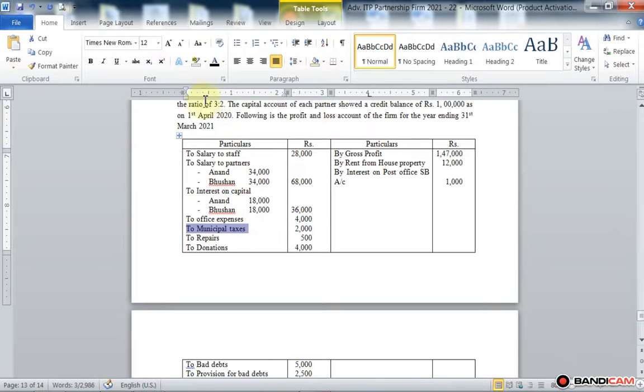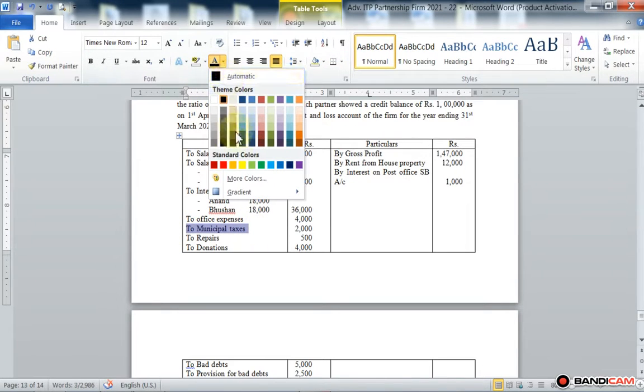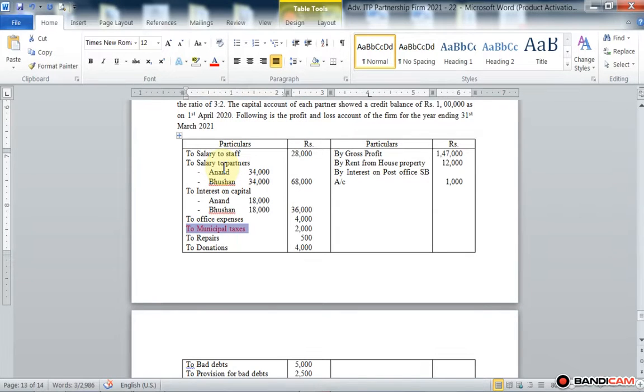So here we identify the first expense which is not relating to the partnership firm, that is municipal tax amounting to rupees 2,000. Municipal tax is paid on house property, but it is shown on the debit side of the profit and loss account of the partnership firm. So the municipal tax is disallowed.